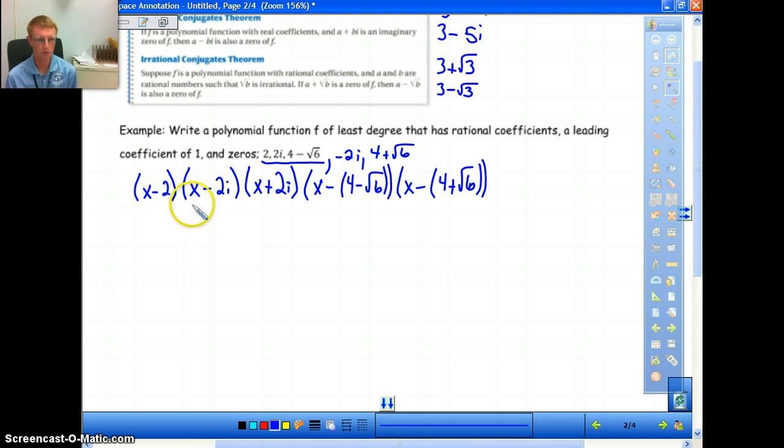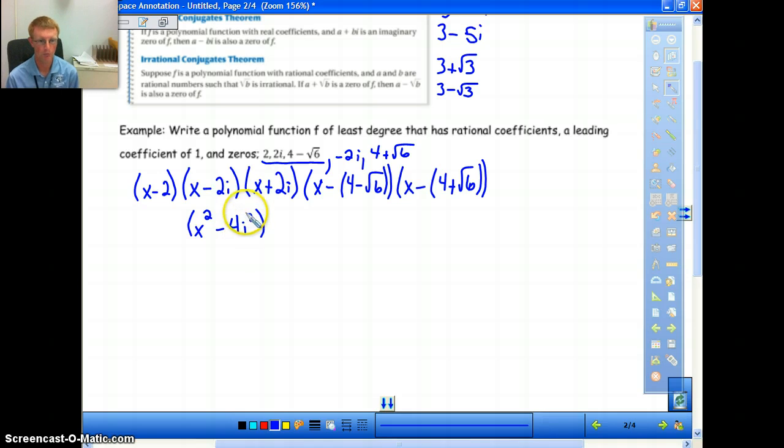But if you notice this right here, x minus 2i and x plus 2i, that's a difference of squares. What that means is our middle term will always cancel out. So all we have to do is say x times x is x squared, and negative 2i times positive 2i will be a negative 4i squared. So that's what we get when we multiply these two together, because the middle term cancels out.